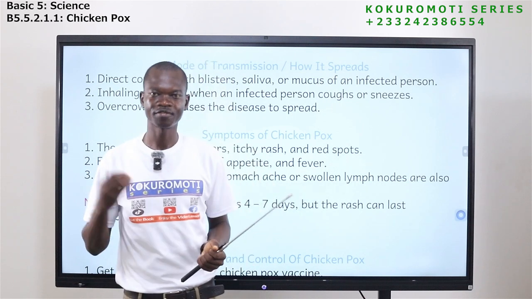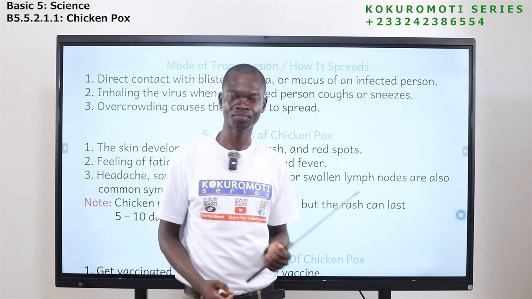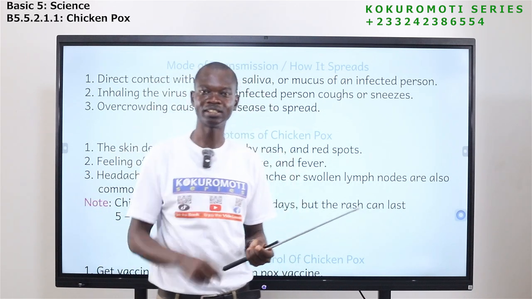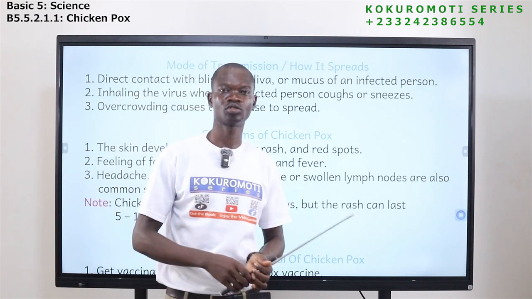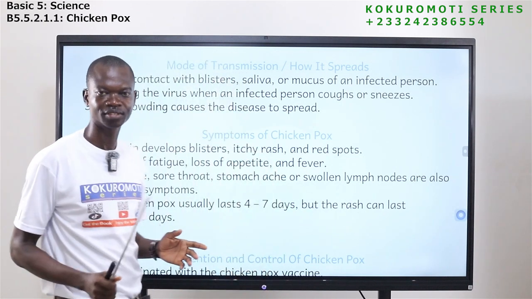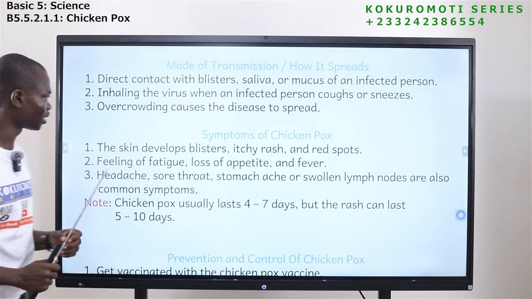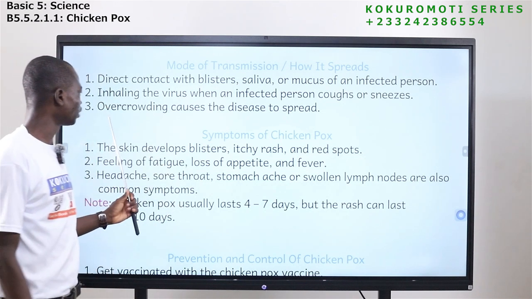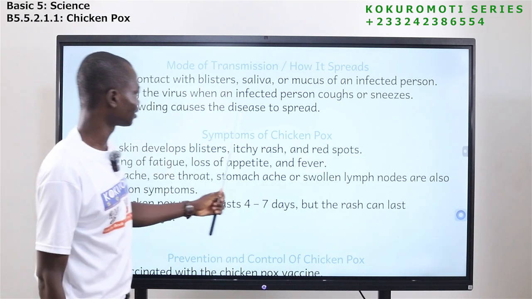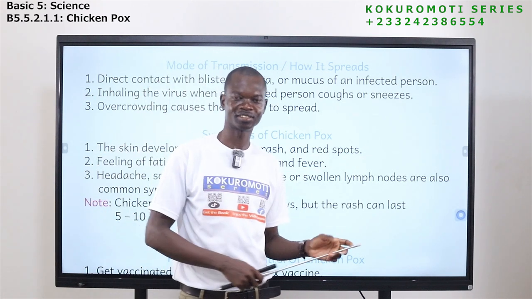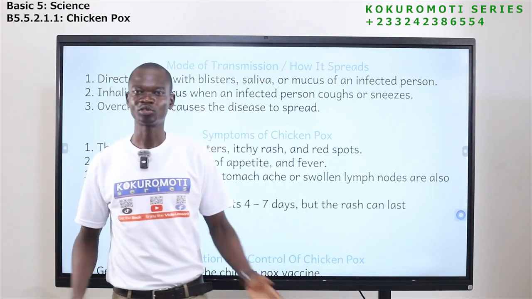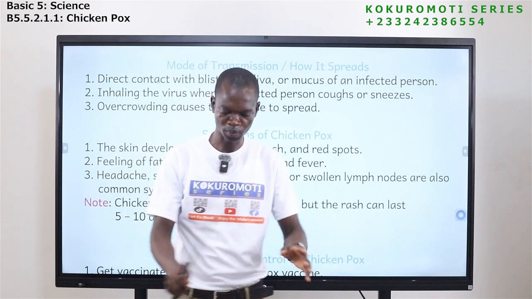So if someone infected with chickenpox sneezes or coughs, and you breathe in that air, you will be infected. That is one thing that you should also know. Third one, overcrowding causes this disease to spread. Overcrowding means too many people in a small place.